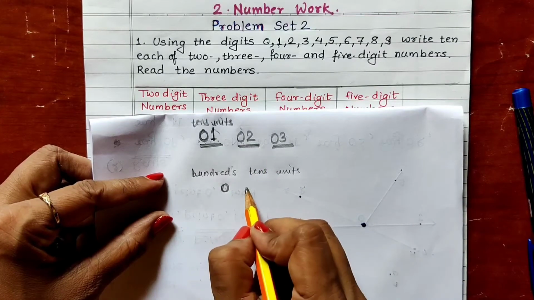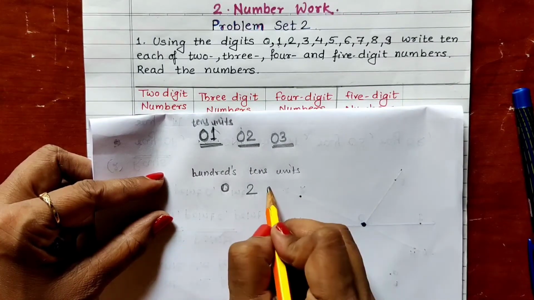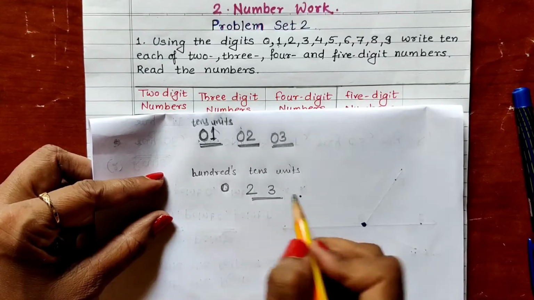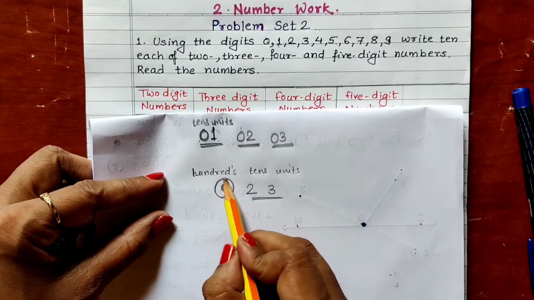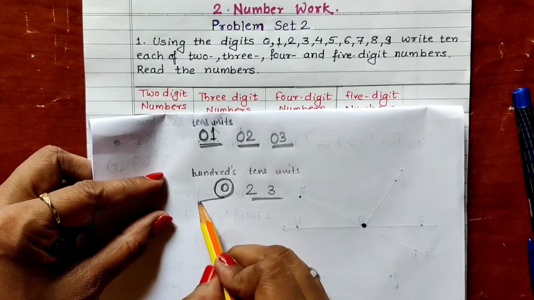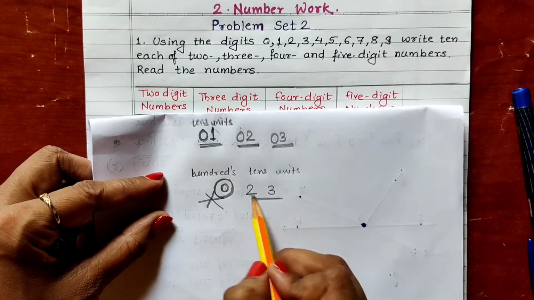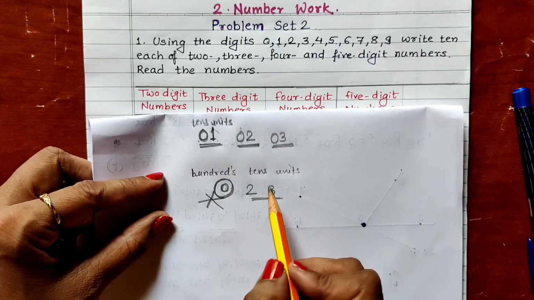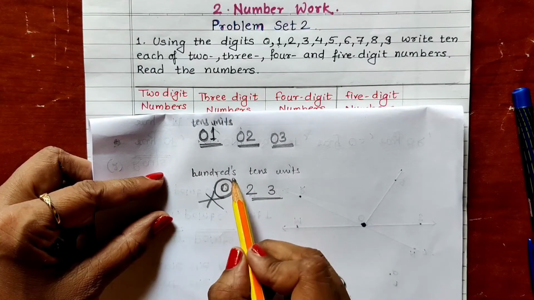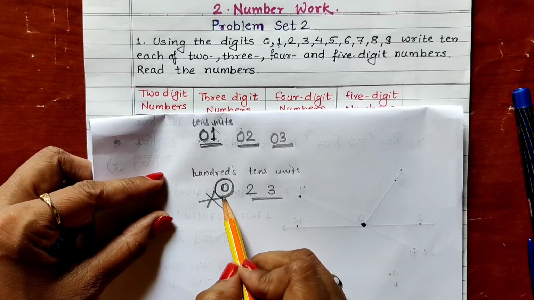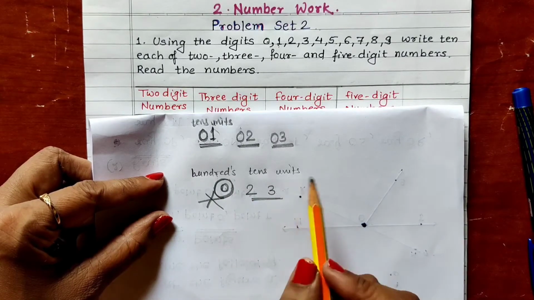If you put it in the hundreds place, and in the tens place 2 is there and in the units place 3 is there, it will be 23. Because if it is placed at the hundreds place, it will not have any value. This 0 will not have any value and it can be read as 23. So see that 0 should not be placed in the hundreds place when we have to write a 3 digit number.